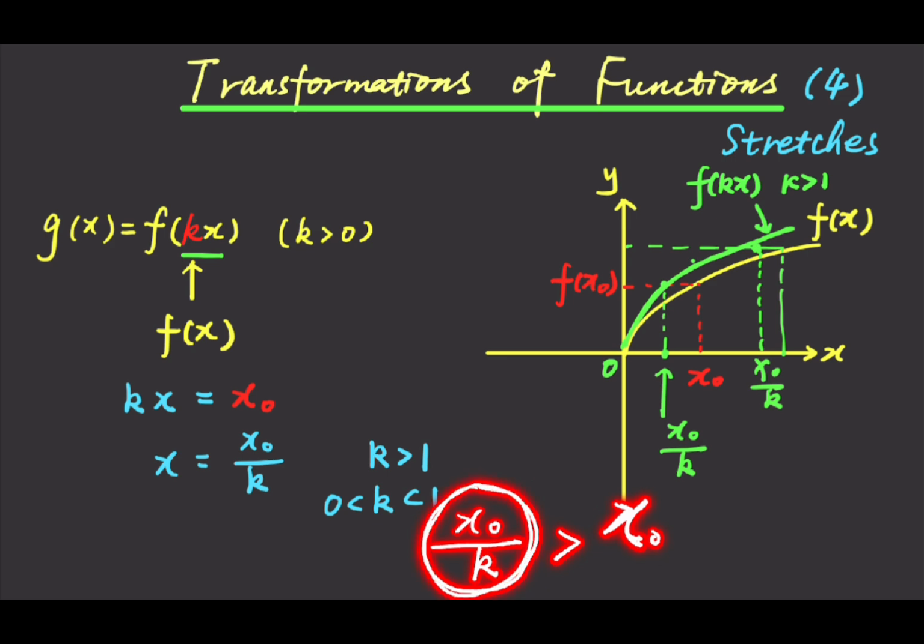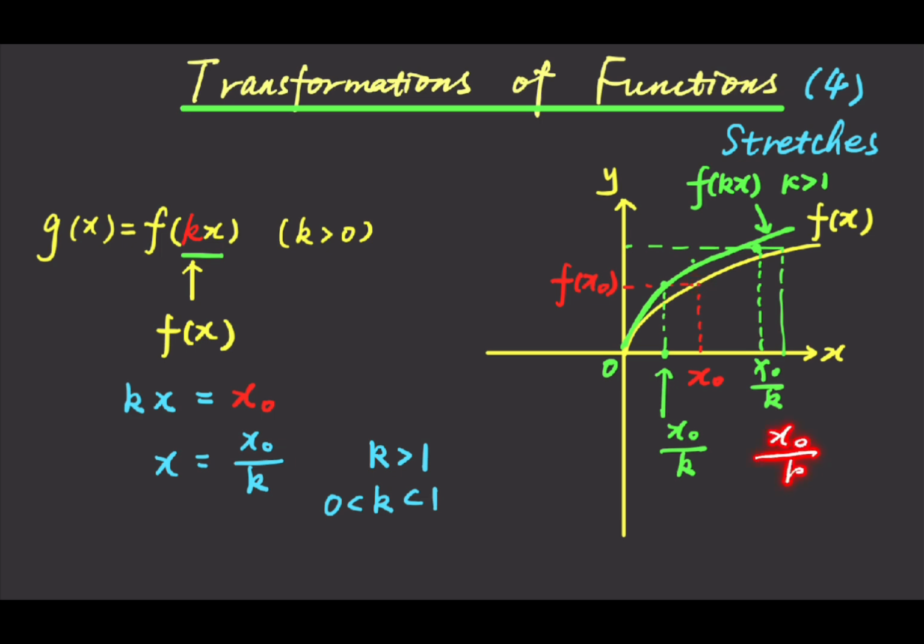So this number must be on the right side of the x0. For this original point, if we want to keep the original y coordinates unchanged, we need to figure out x0 over k, and it should be here for the same f(x0). This point equals x0 over k.